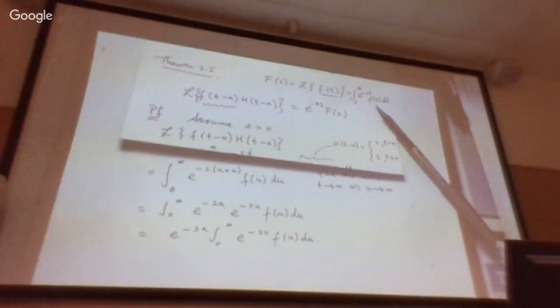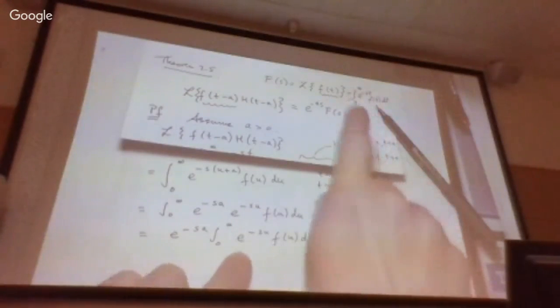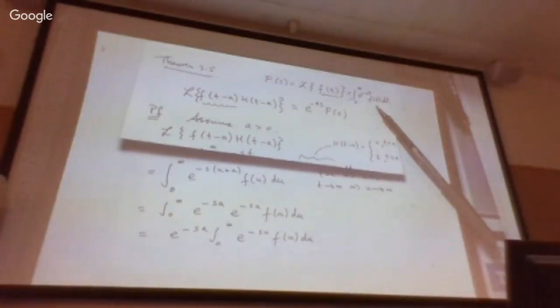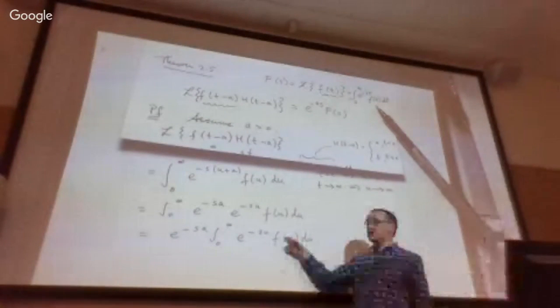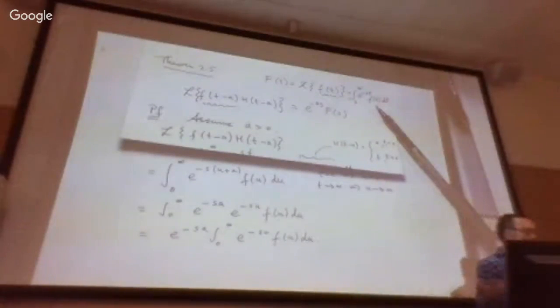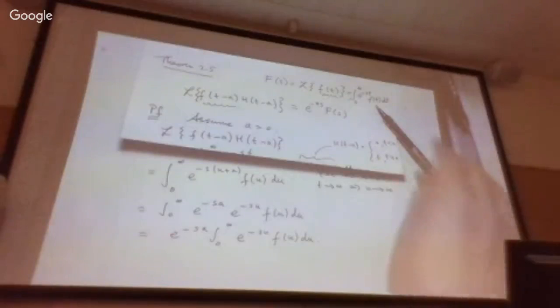Neither here nor there. t is just an arbitrary label for a real number, as is u here. So these two integrals, they're exactly the same. One is expressed using the English alphabet letter T, this one is expressed using the letter U. Makes no difference. They're still the same thing.